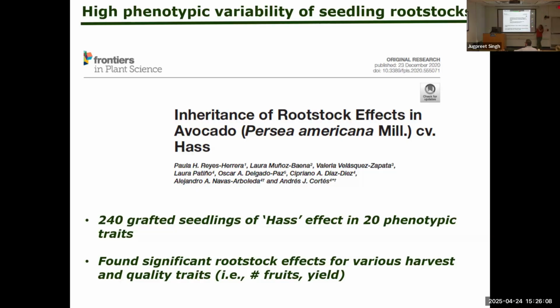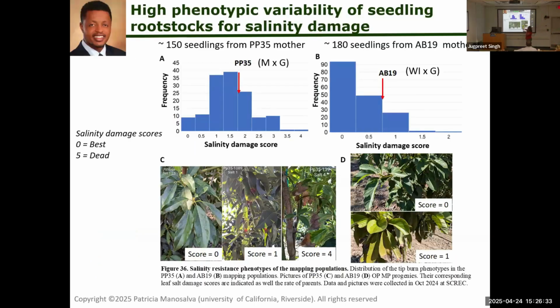And they found that the rootstocks have a significant effect on a lot of these traits, but especially, for example, fruits and yield. And this is what Mario Arpaia and other people found before in California when they identified this Martin Grande rootstock, that it was very resistant, but when they put it into the soil, no fruits. So this is another example of a progeny or seedling progeny, so you can understand this complexity in a more visual way.